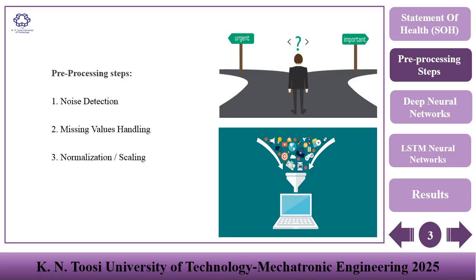The third and final preparatory stage is normalization, also known as scaling. Our features like voltage and current are measured on different scales. A voltage value might be around 4 volts, while a temperature reading is 30 degrees Celsius. If we feed these vastly different numbers directly into the model, the larger scale features could disproportionately dominate the learning process.